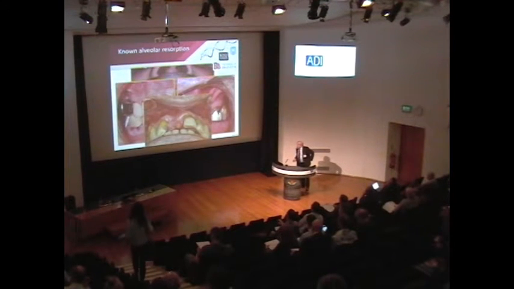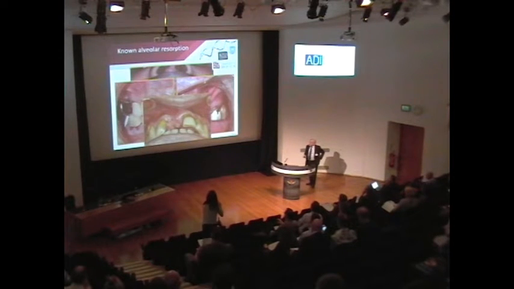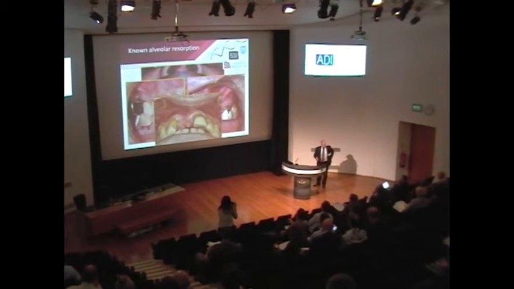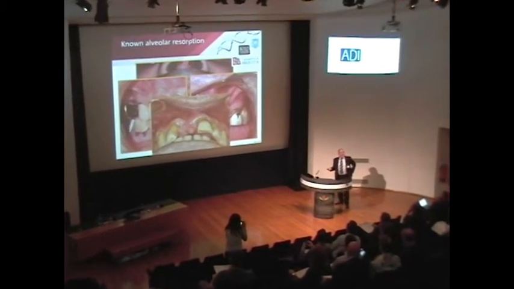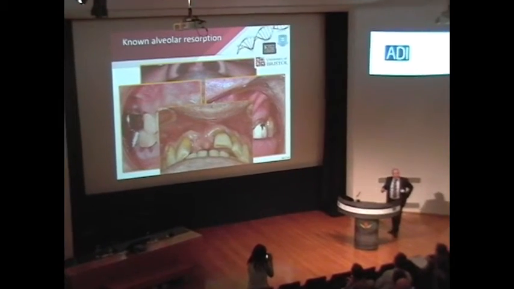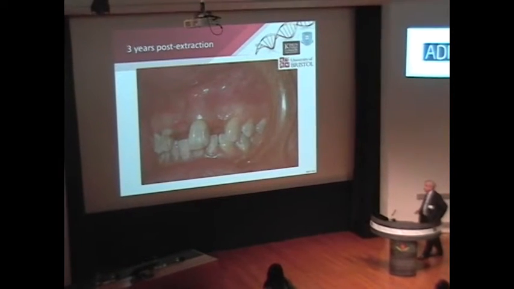When you come to the anterior maxilla, you'll also see that the frenal tissues will move into the edentulous site. Very difficult. Behind all of that, you'll also have a migration of the nasopalatine duct into the edentulous site, all disturbing the way in which you're going to do your implant.